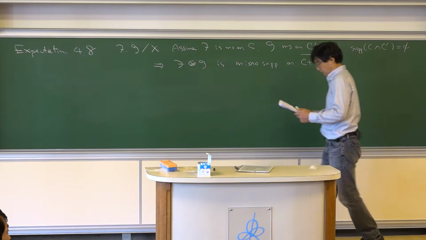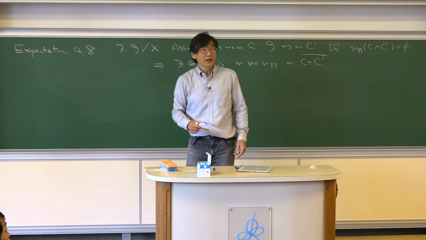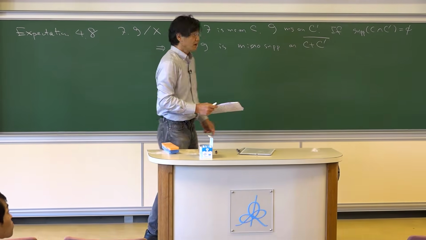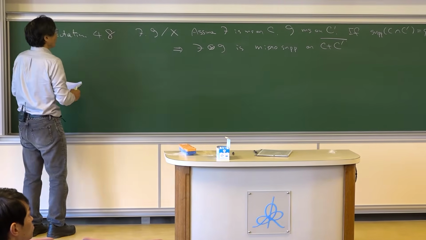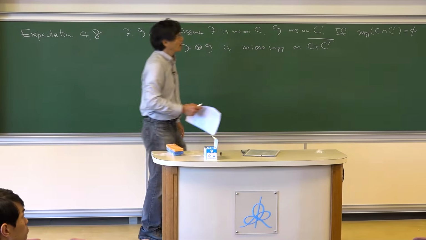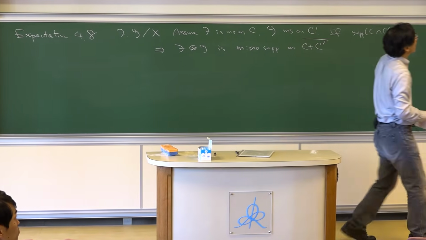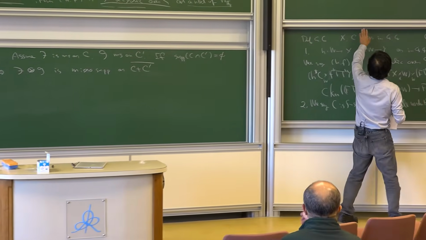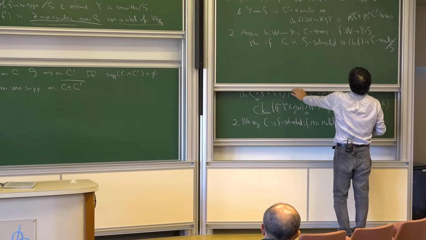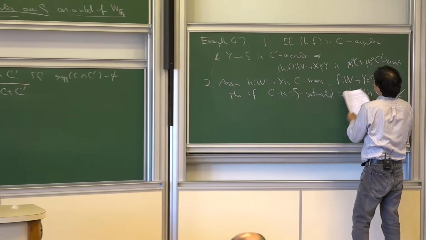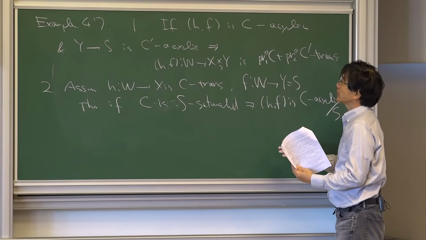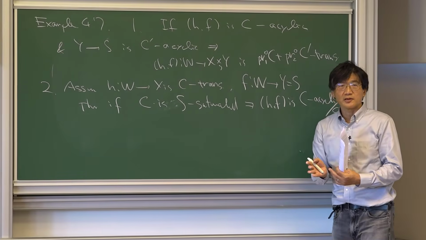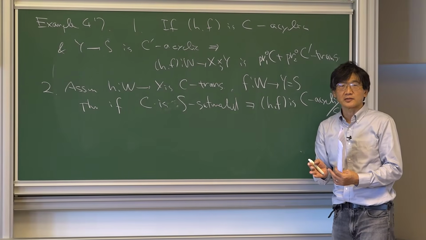The sum means the sum of vectors, taking the closure. And when you take the sum, do you take the closure also? In this case, by this assumption, they are in different directions, so I think it's okay. I don't need to take the closure.